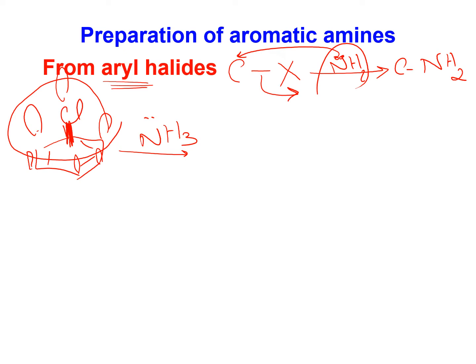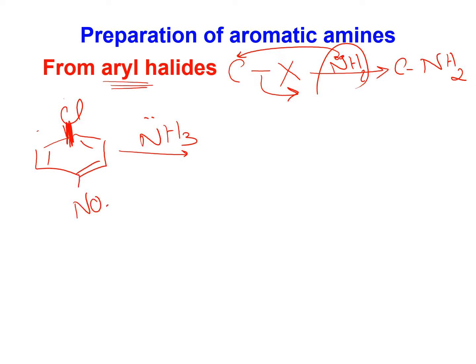If we need to break this bond, in order to be able to substitute this halogen, we add strong electron withdrawing groups at the ortho and the para position. This way, the carbon carrying the halogen will have a high positive charge due to the resonance of the nitro group.